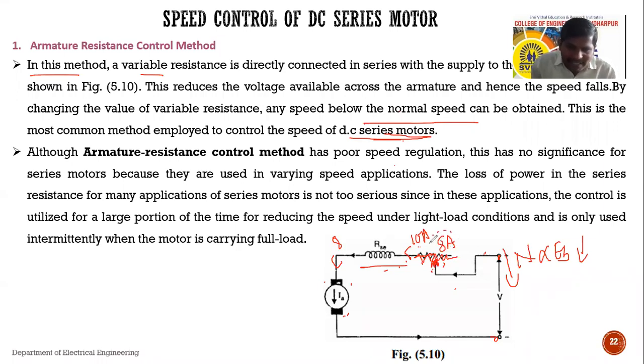So the same current flowing from the armature will flow from the resistance. What about copper loss? Ia square Ra.